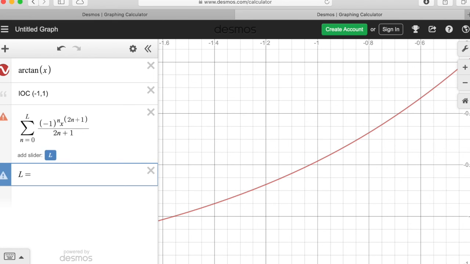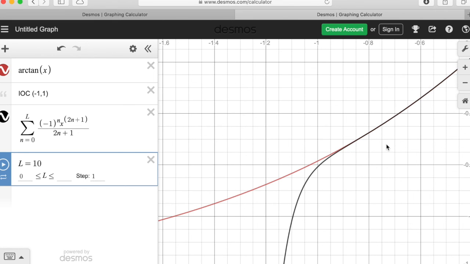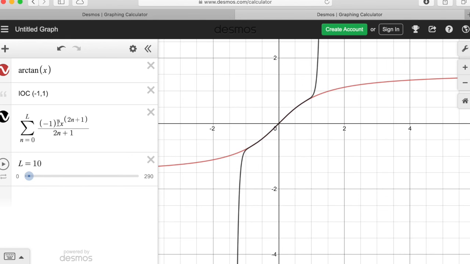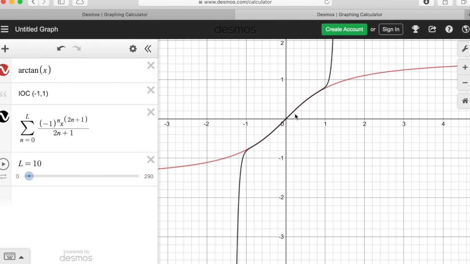If I stop it at L equals 10, we zoom out, what this is up here, it's really just a polynomial with 10 terms, or I guess it has 11 terms because it's got one for n equals 0. It would have 11 terms, and its degree would be 21. But it's a really good approximation.